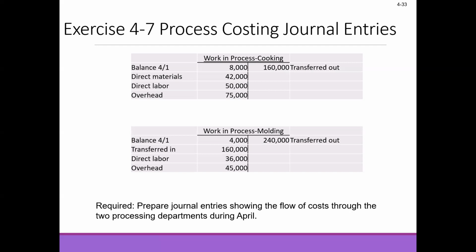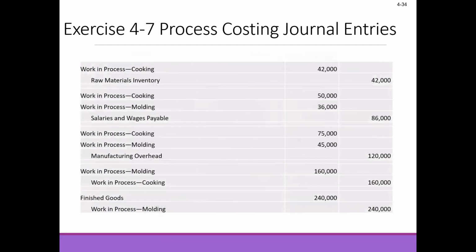So our job is to prepare the journal entries to show the flow of costs through these departments in April. So we're going to show a debit to cooking, credit to raw materials inventory.